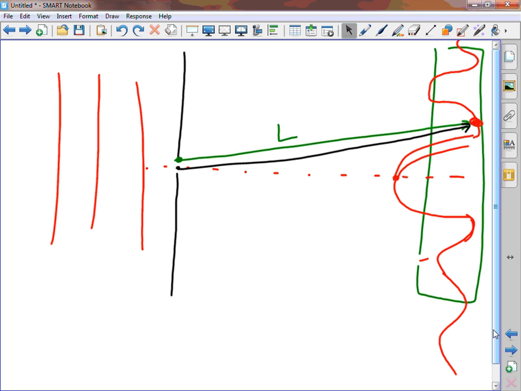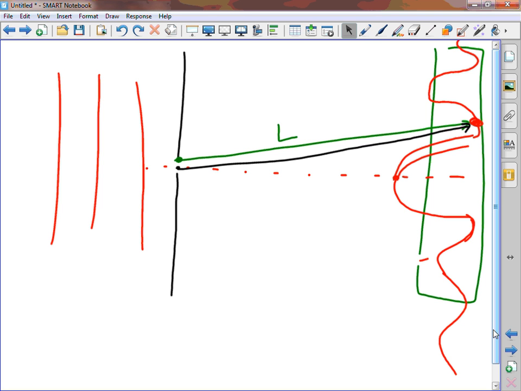They're going to add, and if they're both on the up, they're going to constructively interfere. If they're both on the down, they're going to destructively interfere. If they're both on the in-between, then you're going to get something between constructive and destructive, depending on where they're at. All that matters is what part of the wave they're on at the point they touch.